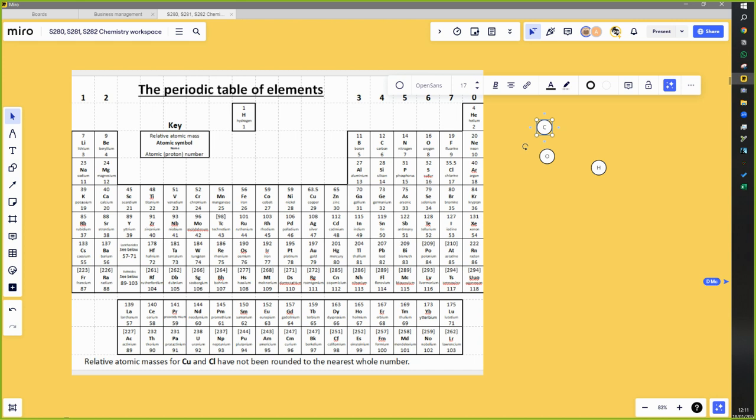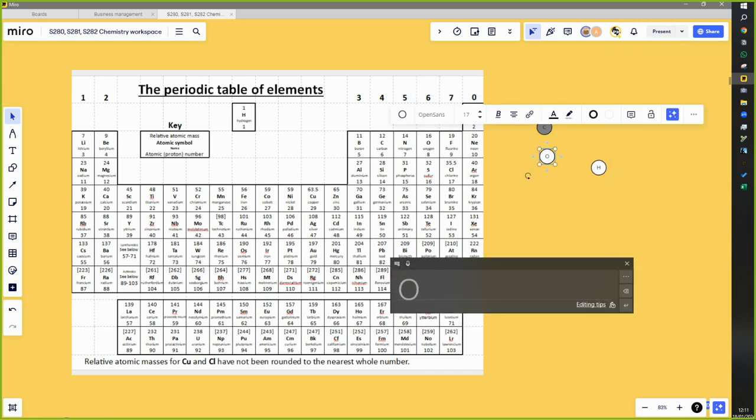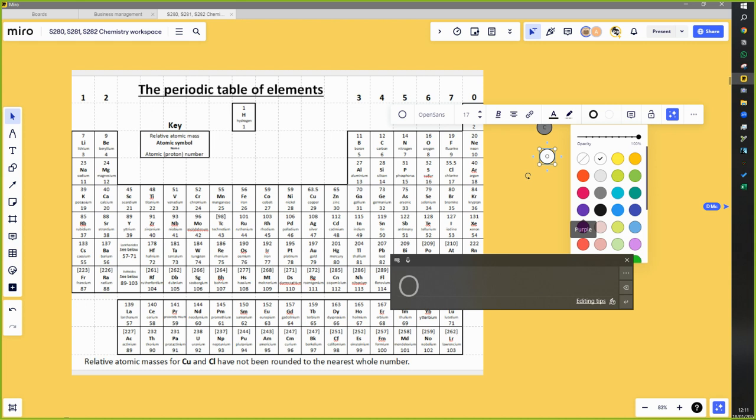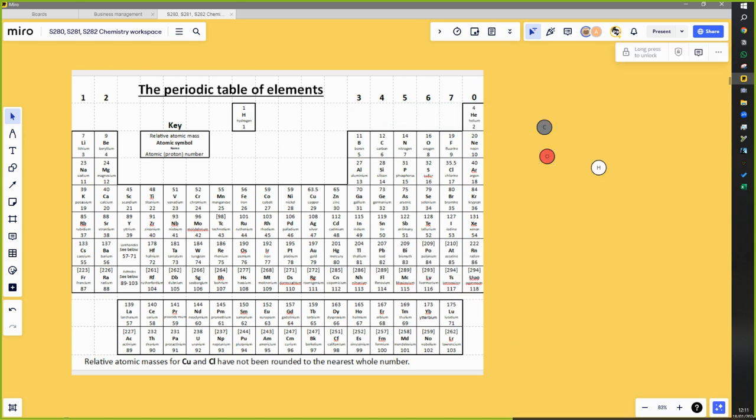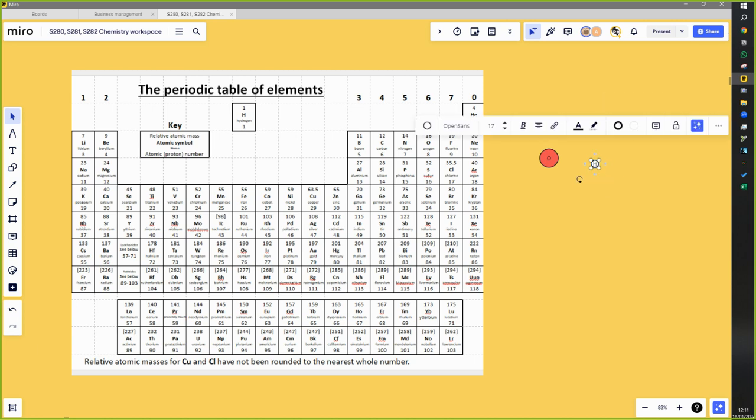And we're going to give these different colours. So I tend to make carbon sort of grey or black. I tend to make oxygen a sort of reddish colour. And I try to make them different sizes, roughly equivalent to what I know about the atoms. And we'll leave hydrogen as white.